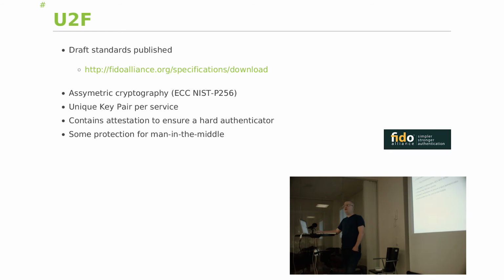So with an HOTP token or a YubiKey, you have the same key for all services. But for U2F, the idea is to generate a new key pair per service you use it with. So you can't phish the authenticator for an OTP and use that against another service.